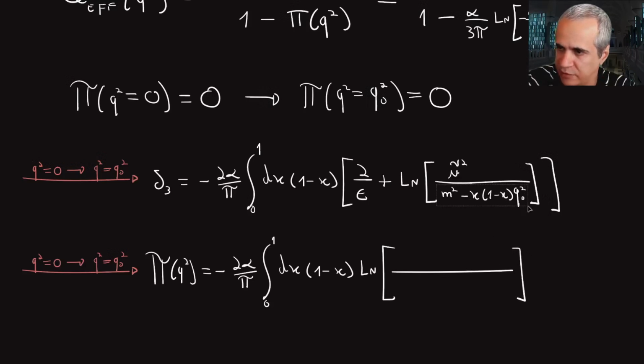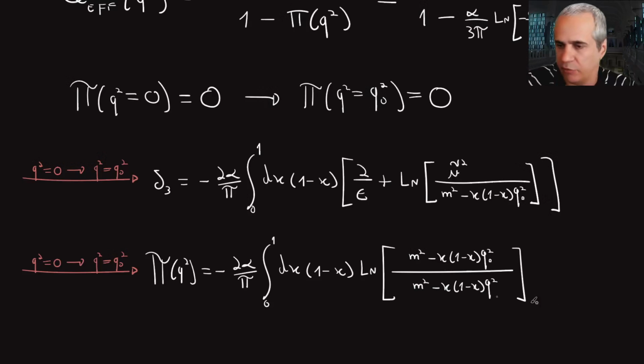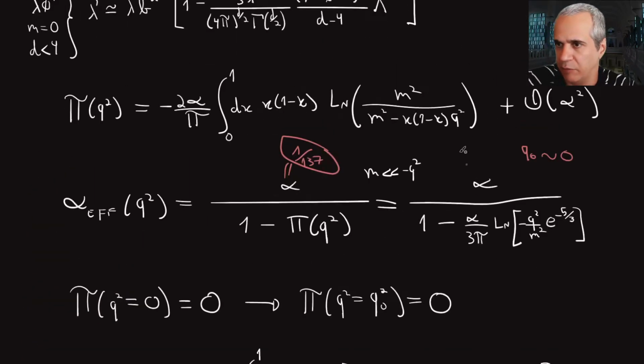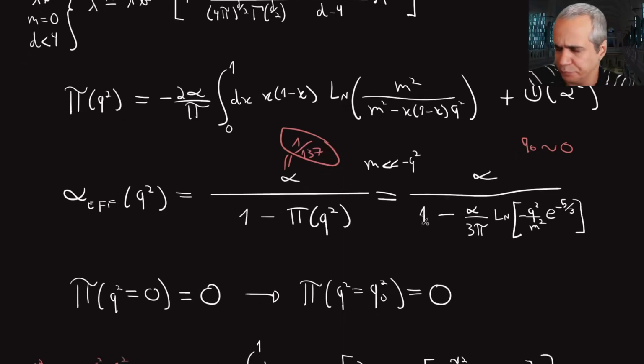One is this, and the other one is the actual dependence on the external momentum. So you see how this goes back. And of course, there are corrections of higher order in alpha. But you see how this goes back to the one we had, when you take Q naught equals 0.